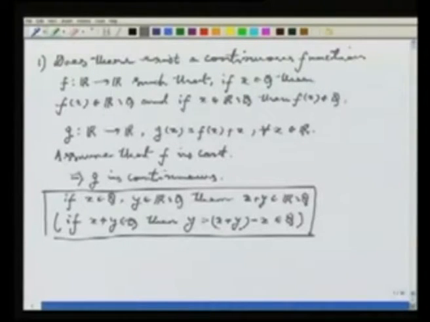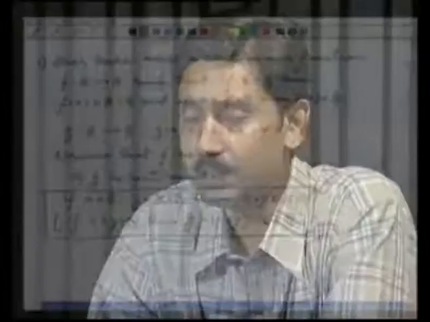Okay, now if I have g is continuous, let us look at the property of g.